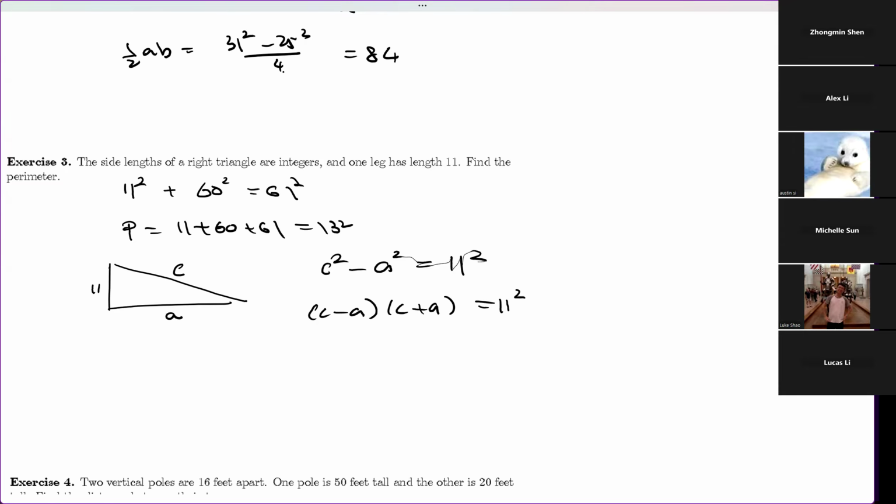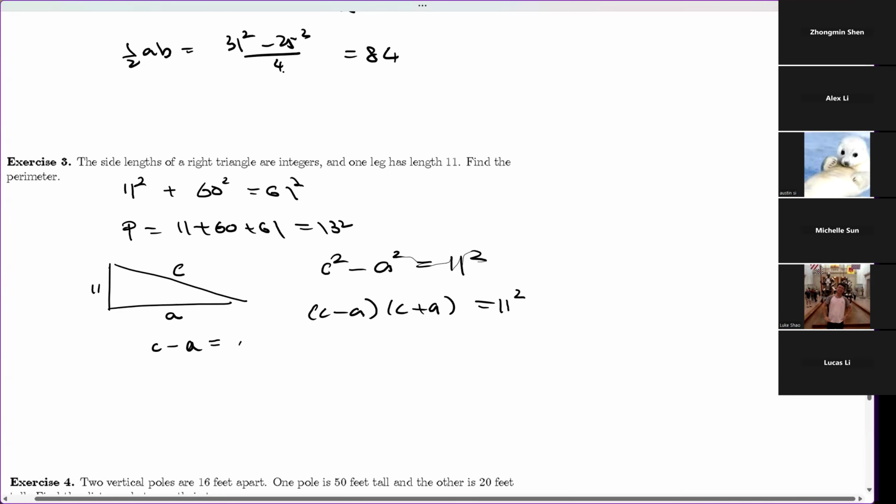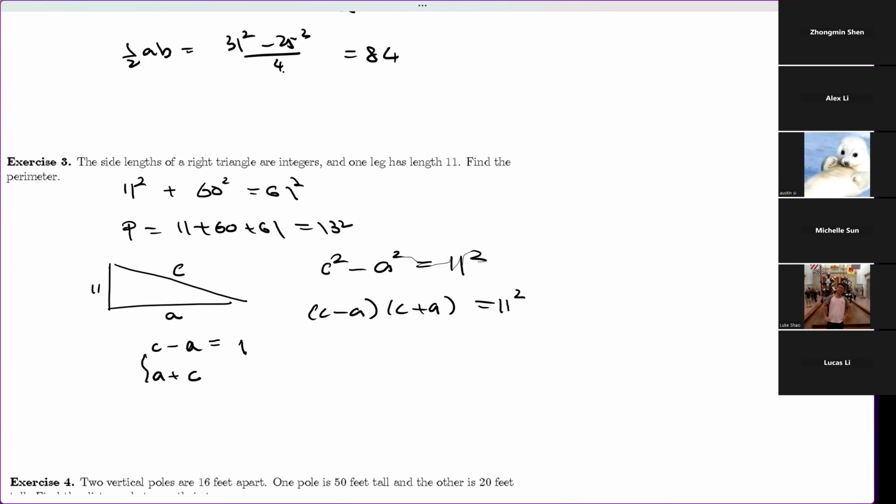So from here, you can actually solve it. You know why? Because 11 is a very special number. It's a prime number. So the only possible choice is c minus a equals 1, and c plus a is going to be 11 squared. That's 121.